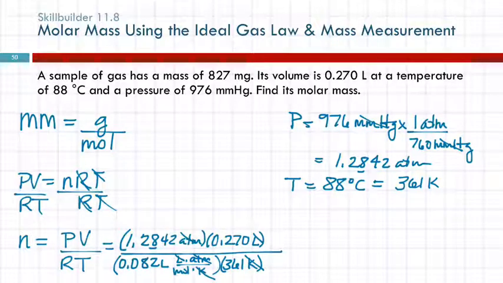So 1.2842 times 0.27 divided by 0.0821. I don't know what happened to my 1 down there. I've got 0.82 L. Yeah, that's better. 0.0821 divided by 361.